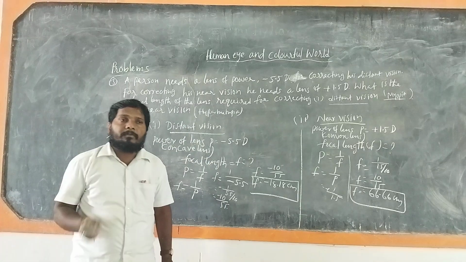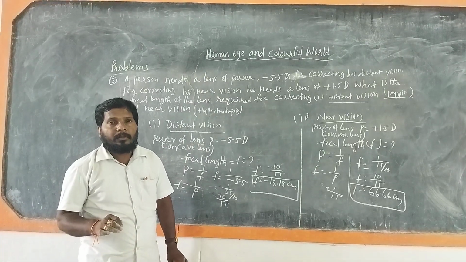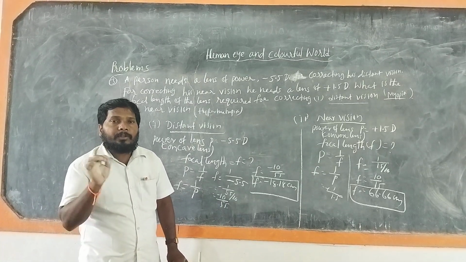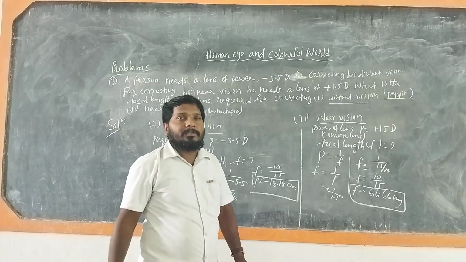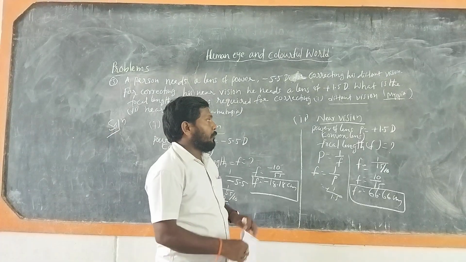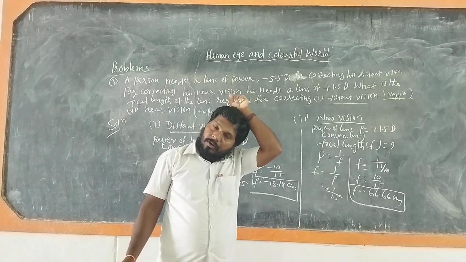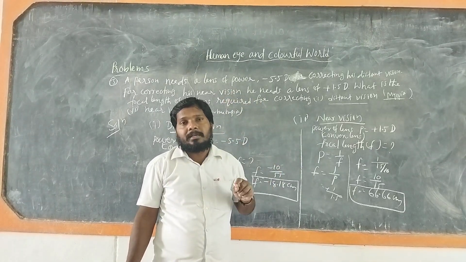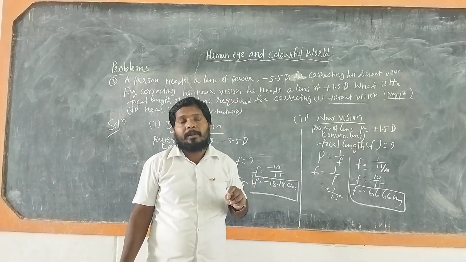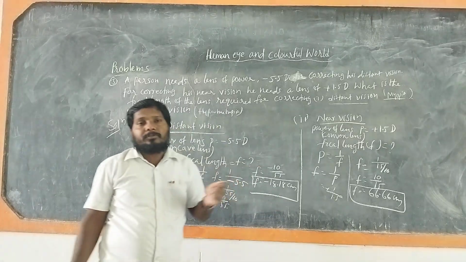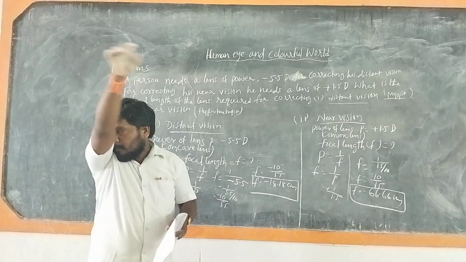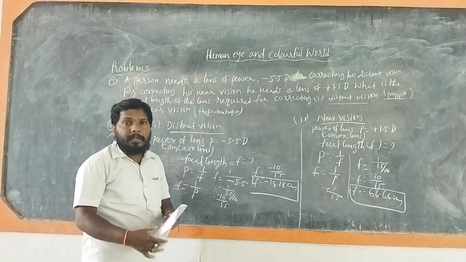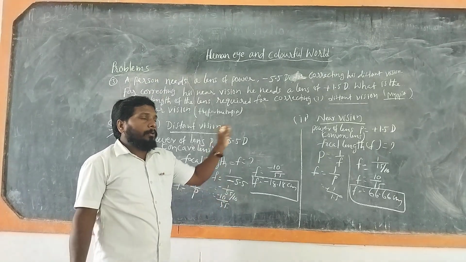These problems are very important. Again, we have to revise the sign convention rules: why we write minus for object distance, why we write plus for focal length. So read the sign convention rules again and understand why.